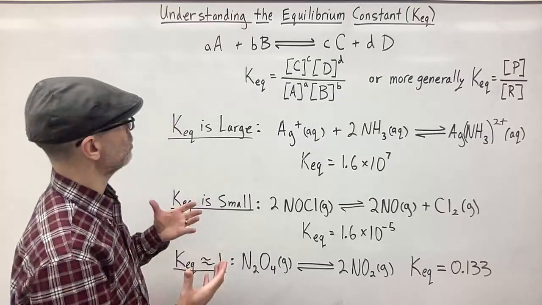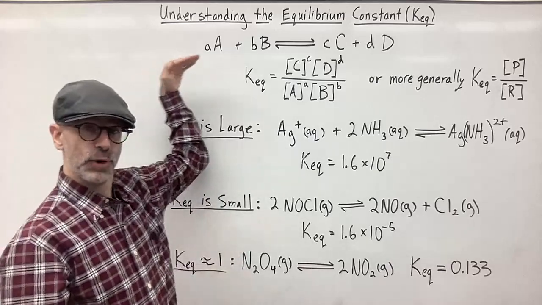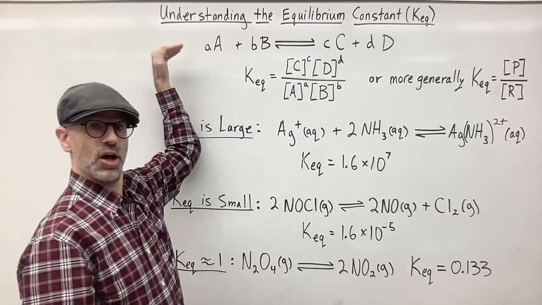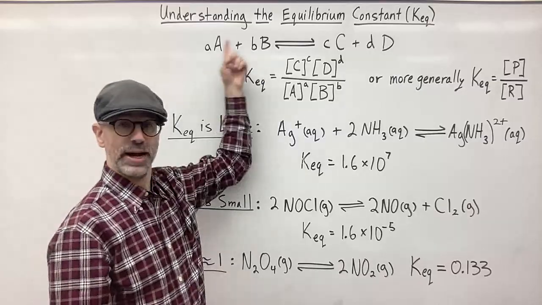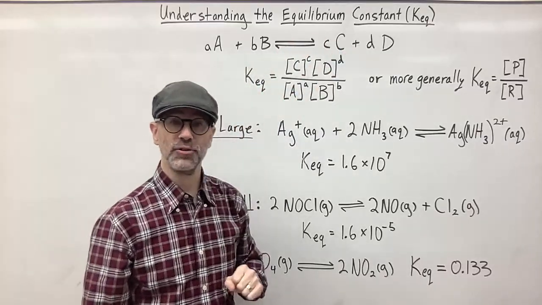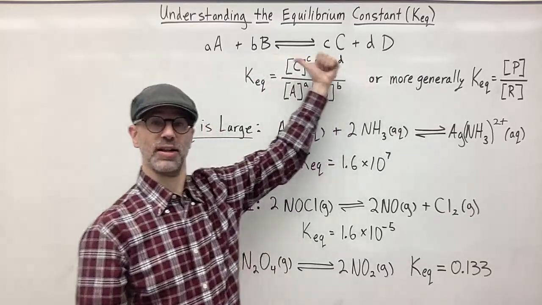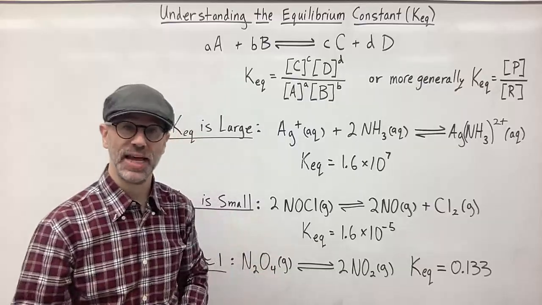What we mean by dynamic equilibrium again is that there's a rate of the reaction going in the forward direction where the reactants are forming products, there's also a rate at which the products are going to then reform the reactants, and this is happening at the same time.